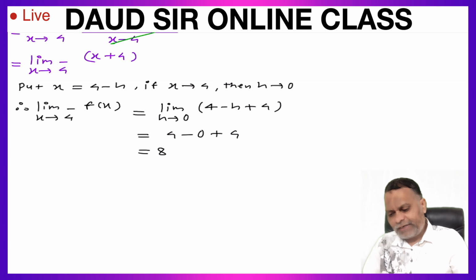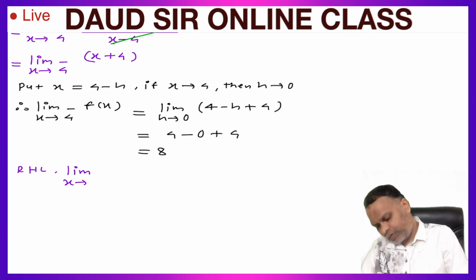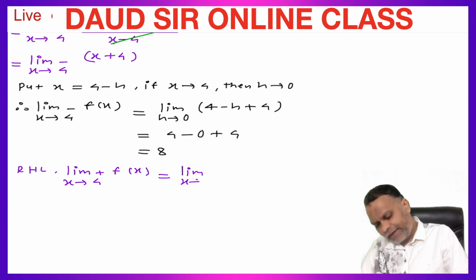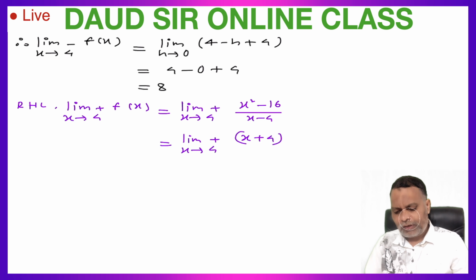Now similarly the right hand limit. Limit x tends to 4 plus f of x is equal to limit x tends to 4 plus x square minus 16 upon x minus 4. After simplifying this, limit x tends to 4 plus x plus 4. One time we already solved.